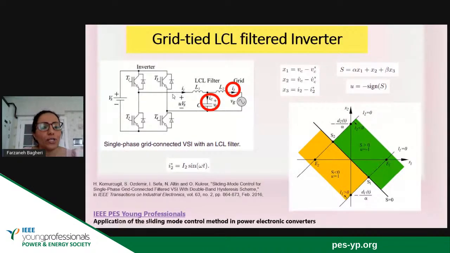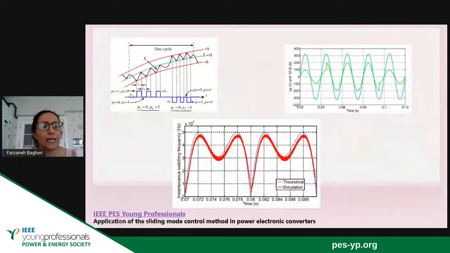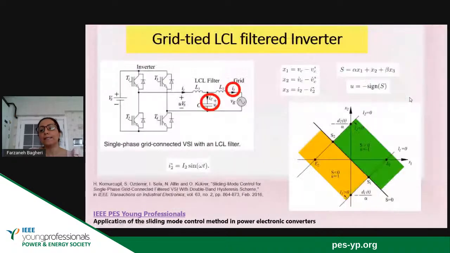So if you look at this figure, you can see how the hysteresis function is working, how it is generating the control input. Then by using the stability analysis of the Lyapunov function, you can optimize the values of alpha and beta that you can see in this figure.